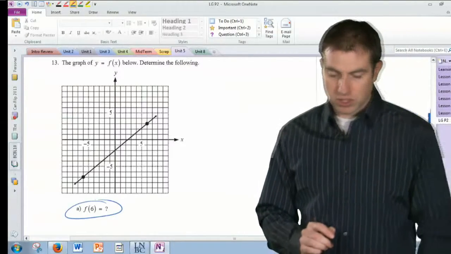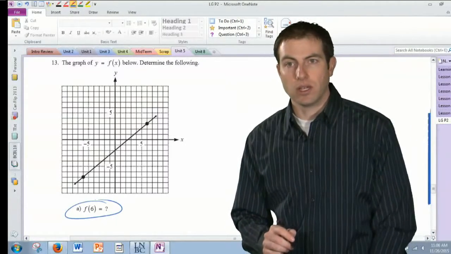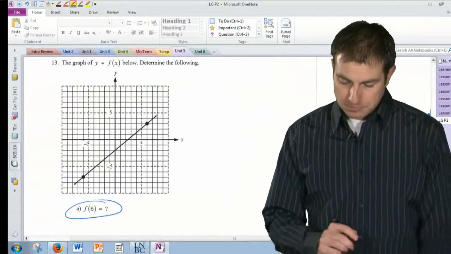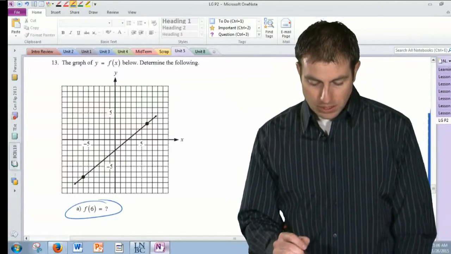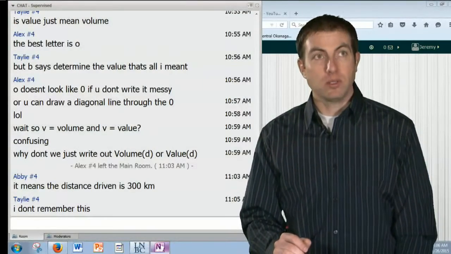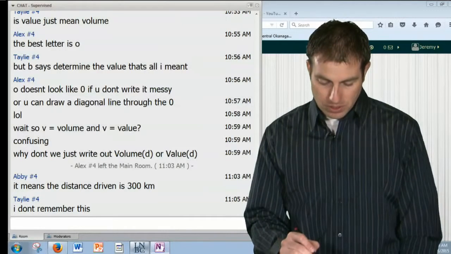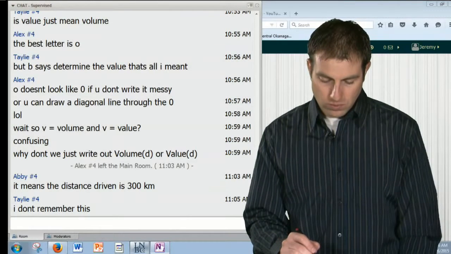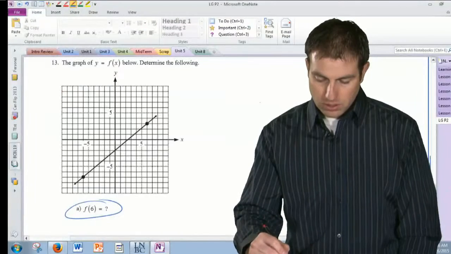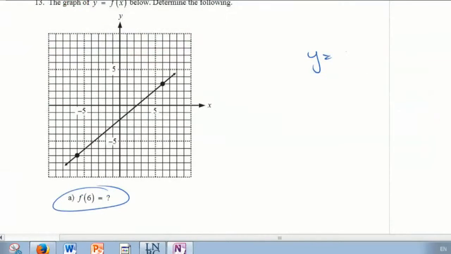So maybe let's just look at this as a group. This is off of the learning guide. How about if I had written something like y is 0.25 times 3 plus 2. What does y equal?